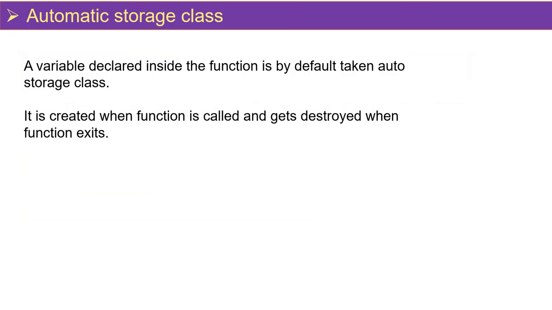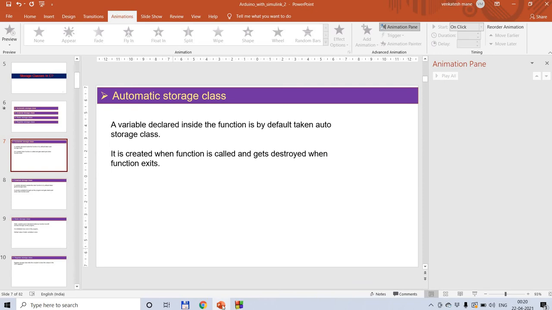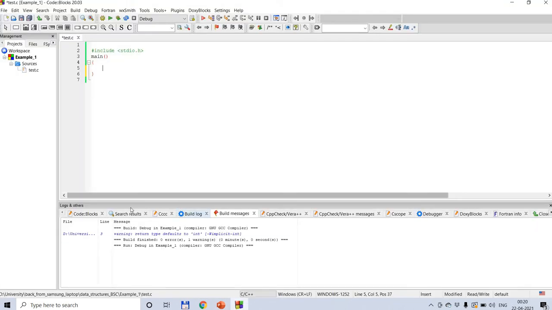Coming to the automatic storage class, a variable, as I told you, declared inside the function is by default taken as auto storage class. It is created when a function is called and gets destroyed when the function exits. For example, I have a small code here with a header file stdio.h and a main function.